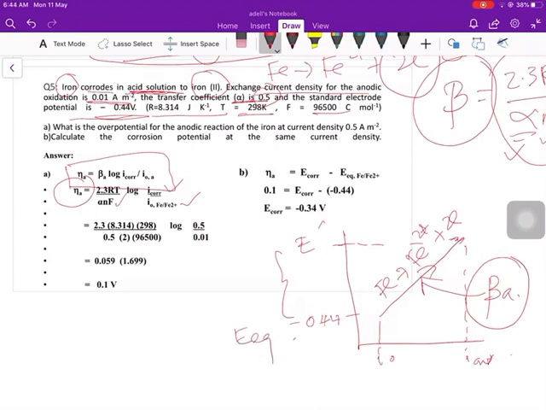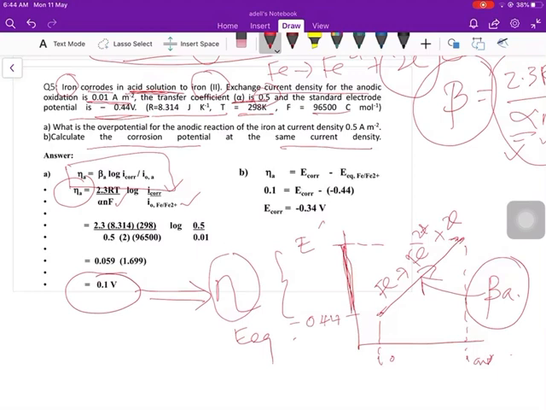Stop here. So this is new E. So this is E equilibrium for iron. You want to calculate this overpotential. So this is the overpotential, 0.1 volt. It means that it has moved from this point to this point. So this is the gap, the difference. The overpotential is 0.1 volt.